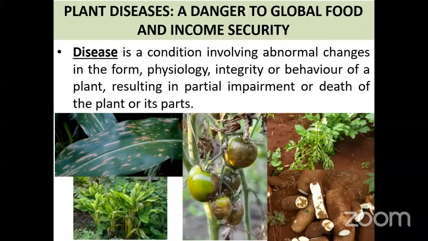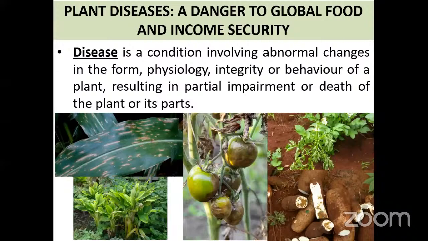And this is caused by another fungus, Phytophthora infestans. To your right, you have some healthy potato plants, but you also have a potato plant there that is wilting. This is caused by a bacteria, Ralstonia solanacearum. And at the bottom, what you see should have been cassava tubers, but these have cassava brown streak disease.